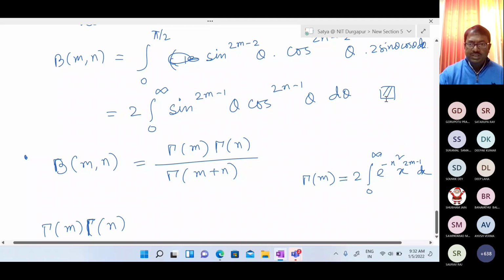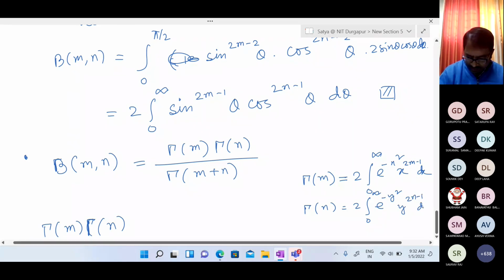Similarly, gamma n equal to 2 into the integration over 0 to infinity of e to the power minus y square times y to the power 2n minus 1 dy.